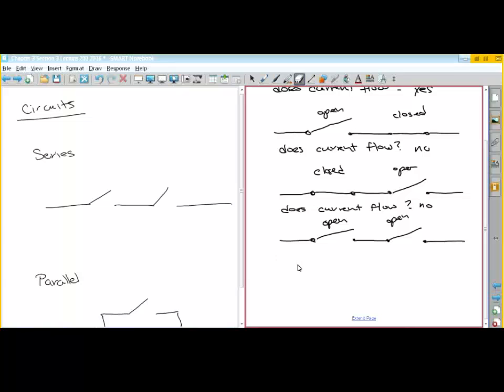And does current flow? Well, it doesn't flow any less because it just doesn't flow. So the answer is no.